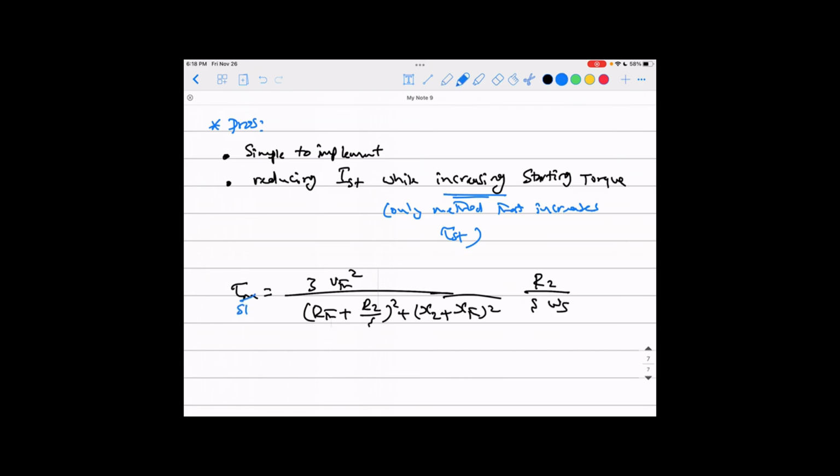For starting, like we said, this slip equals 1. Yeah? What will happen if you increase this resistance here that we're talking about?